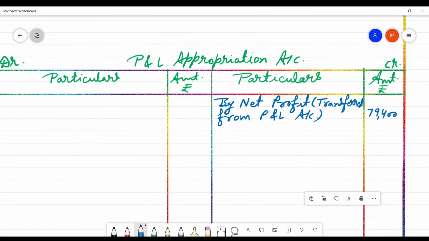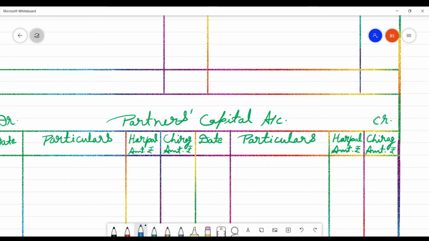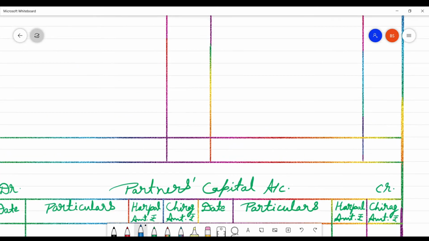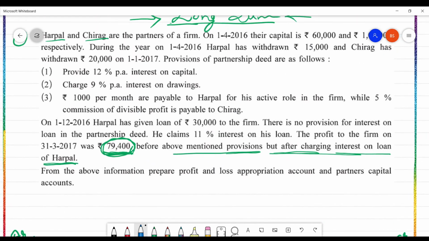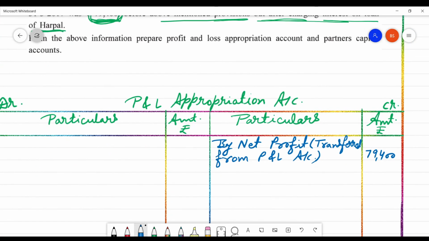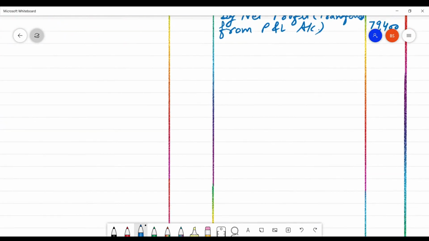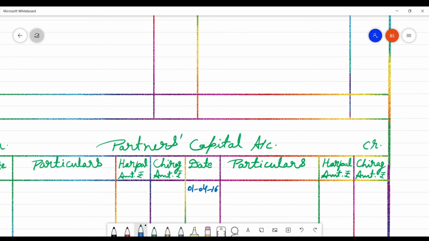We will record it on the credit side of the capital account on 1st April 2016, whatever date is given. The date is 1/4/2016. The amounts are 60,000 and 1 lakh. So we will write "By balance brought down".